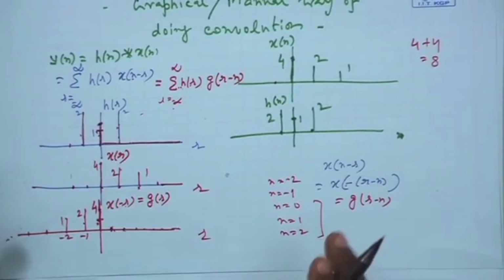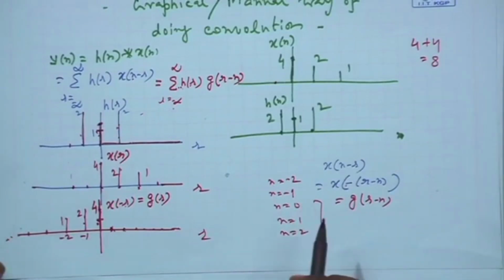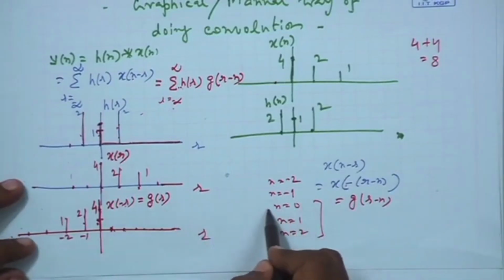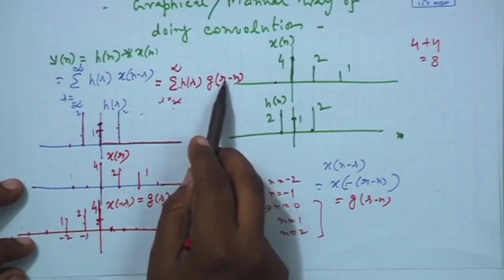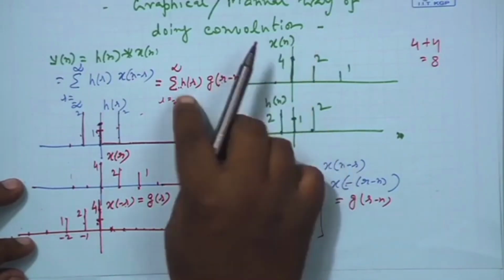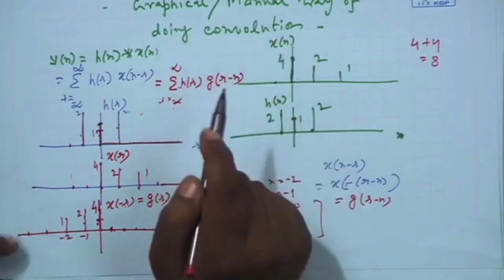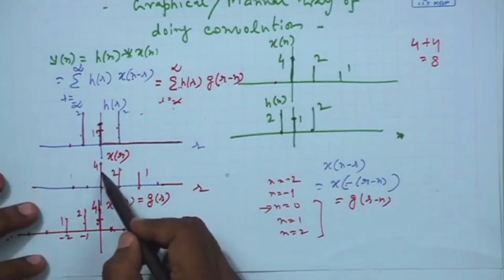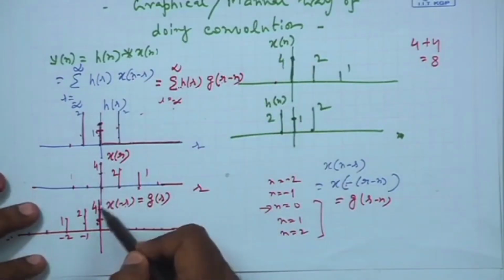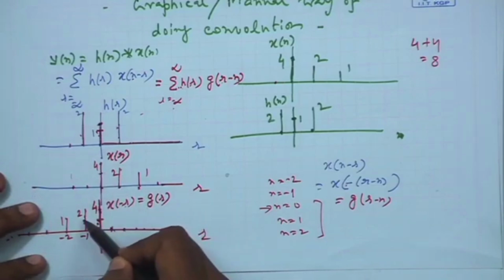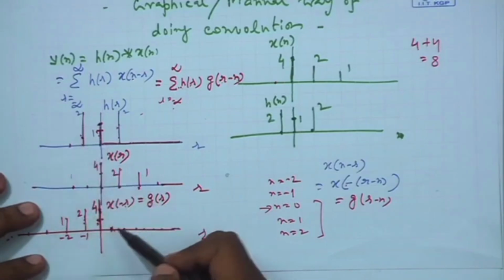And we have to now carry out the convolution for various values of n to understand the matter. So, I am starting with n equal to 0. If n equal to 0, it means just x r, g r for all the r's and add. So, if I just multiply for various r, r equal to 0, this into this, r equal to minus 1, this into this, but r equal to 1, 0 into something, r equal to 2, 0 into something.